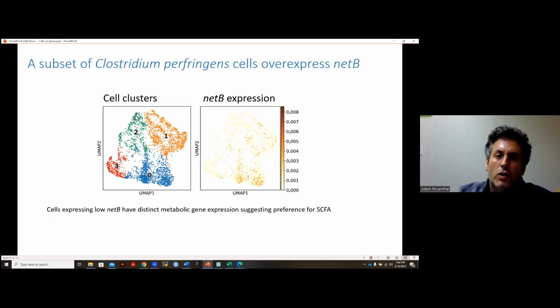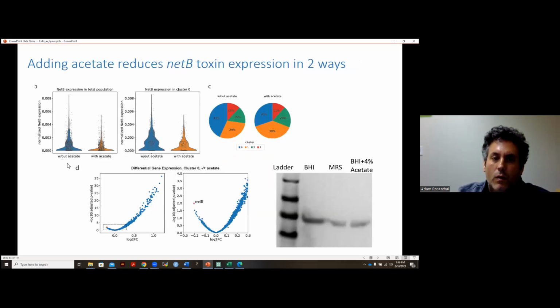When we look at clusters 2 and 3, the cells in these clusters express different metabolisms. So we said, maybe if we give this bacteria the environment that it likes, we'll make less toxin. We found that the cells in the other clusters like acetate.